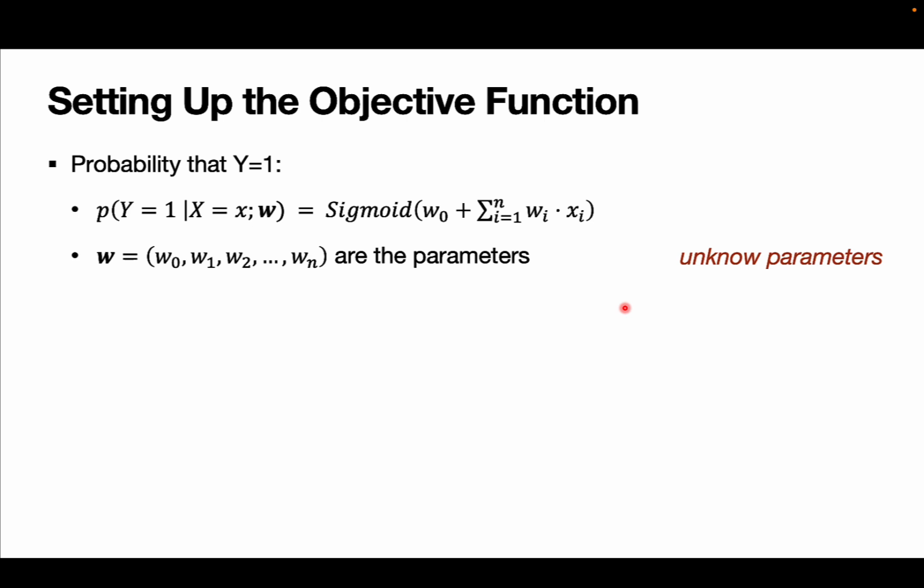Now we discuss how to set up the objective function for logistic regression. The probability of y equals 1, given the input features, is modeled using this sigmoid function, where w0, w1, all the way to wn are the parameters that we are trying to learn from the data.